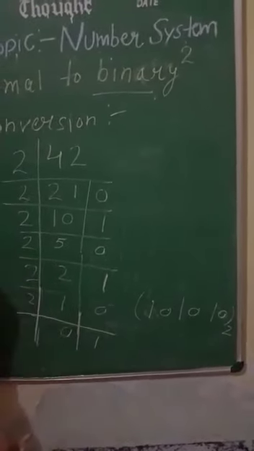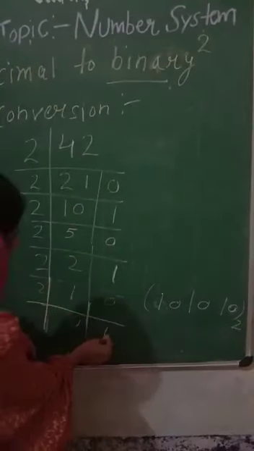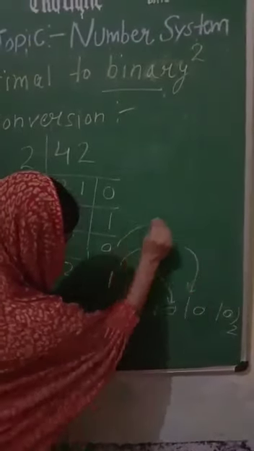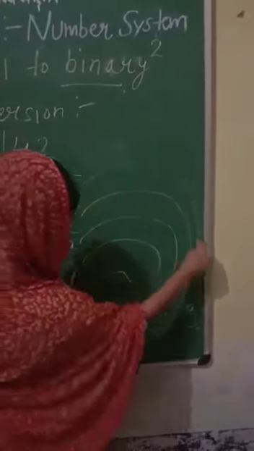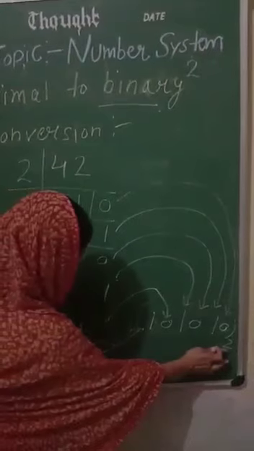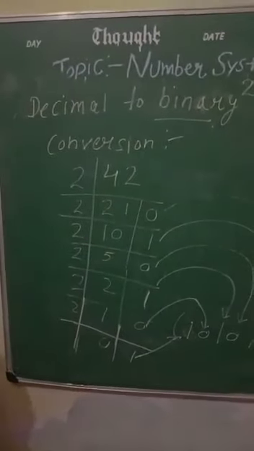So the answer, from bottom to top, is 101010, and the binary base is 2, that's why we write 2 here. So this is the conversion from decimal to binary.